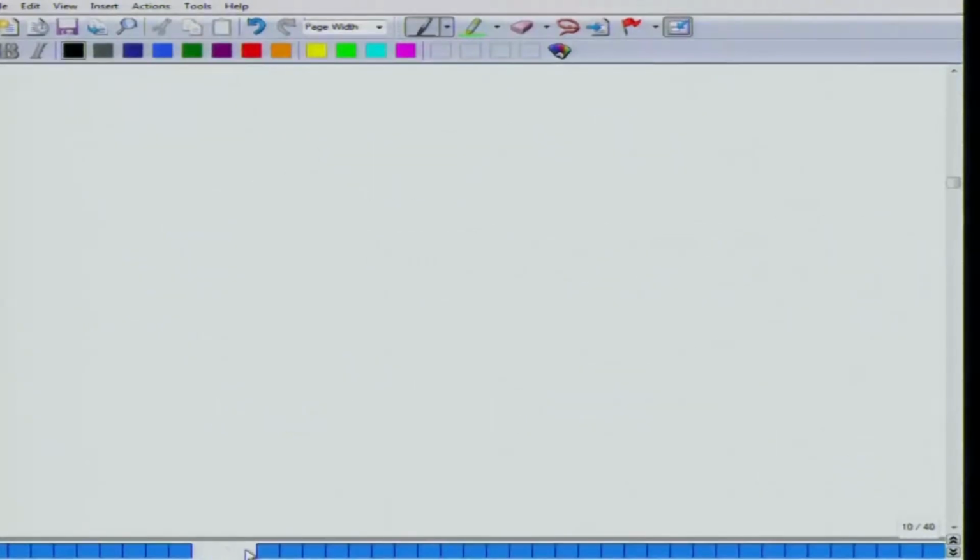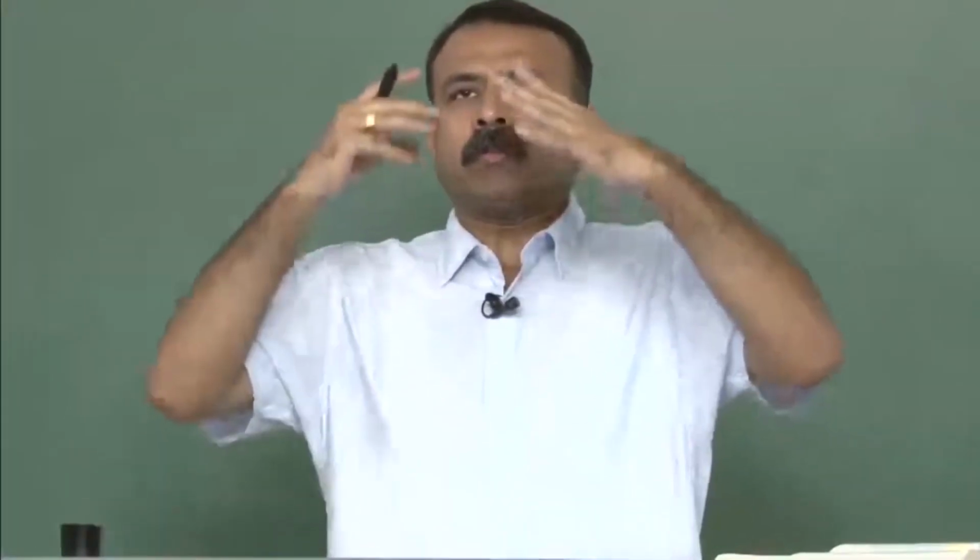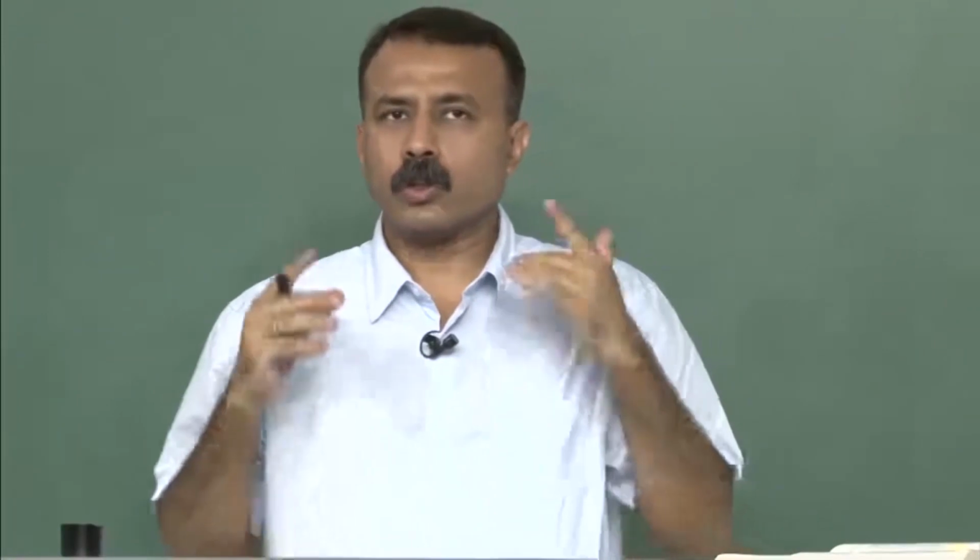Now, what is happening during forced breathing? Now, when I am doing like this, I am taking in a lot of air. So, during forced breathing, the whole mechanism takes a slightly different route.